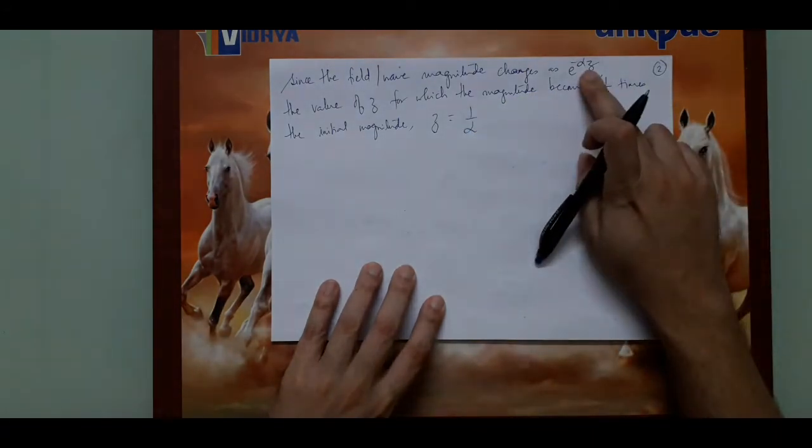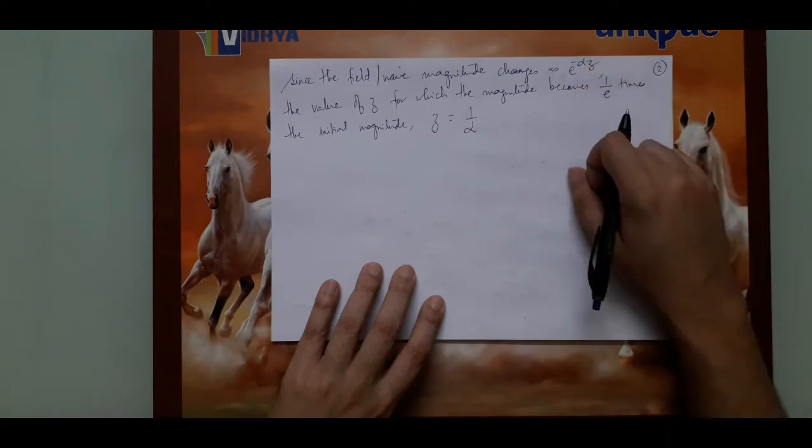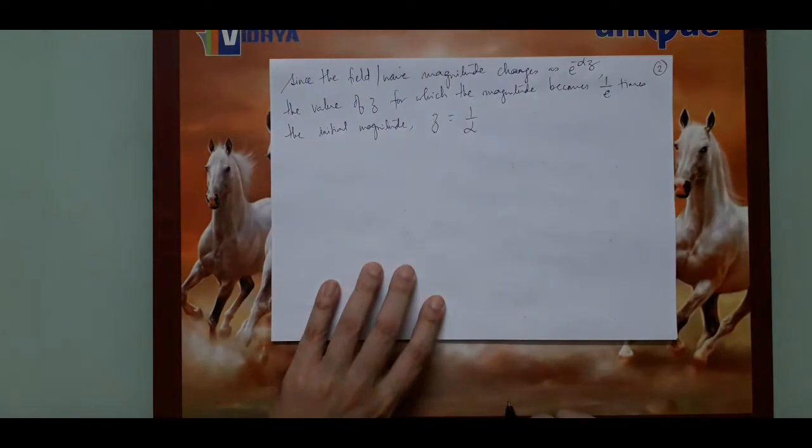Because if z equals 1 by alpha, the power of e becomes minus 1, hence we get 1 by e.